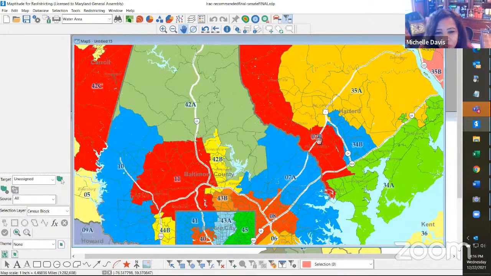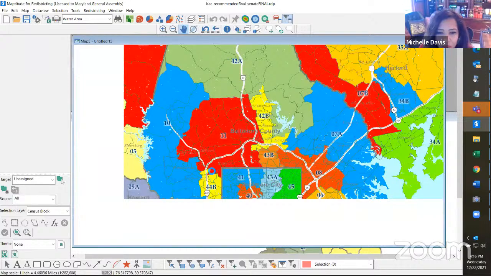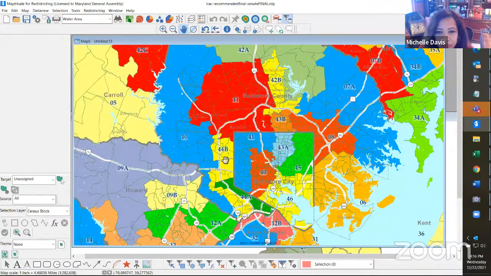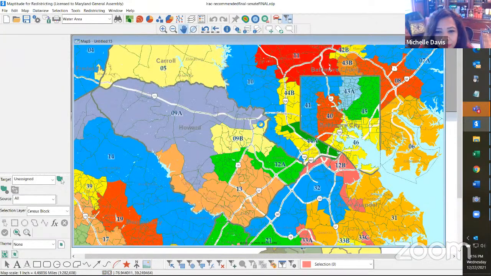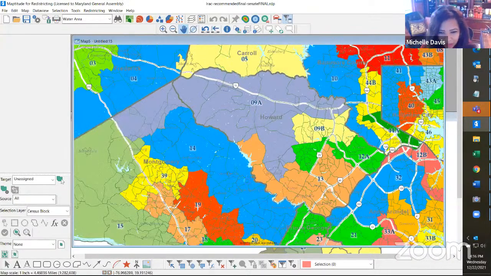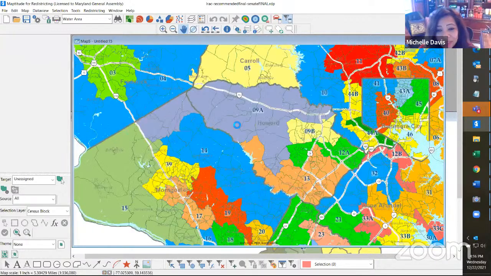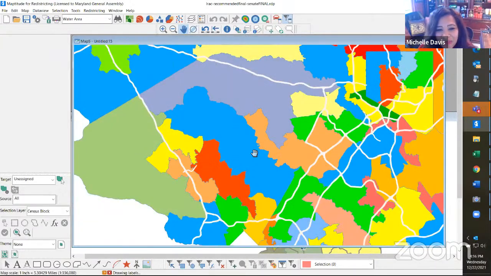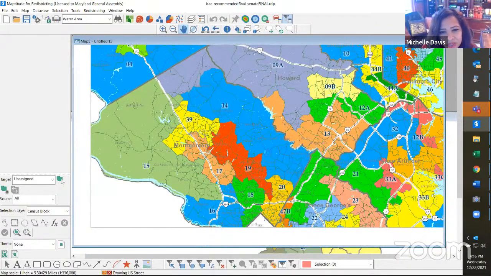And I want to go to the Howard Montgomery area. There have been some changes in this area, but I don't think they're very dramatic, at least that's my opinion. Montgomery County currently, I believe, has 8 Senate districts.